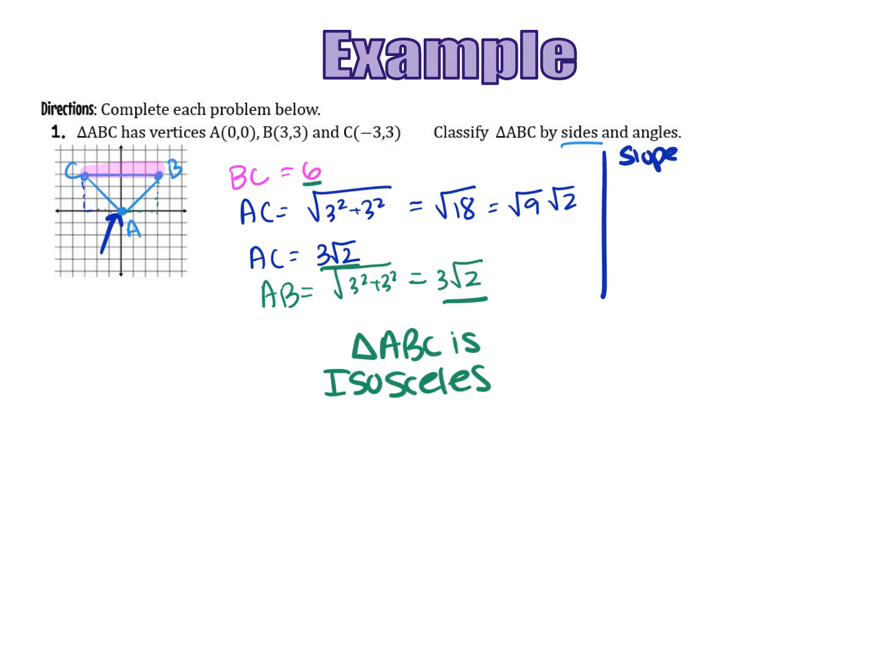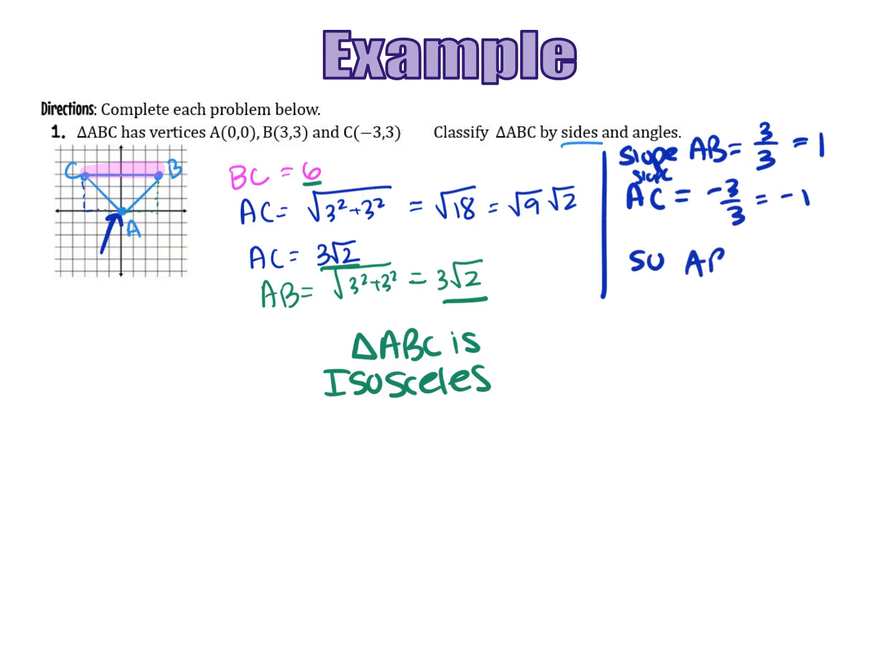Let's find the slope of AB, which looks like up 3 over 3, which would be a slope of 1. And the slope of CA is down 3 over 3.